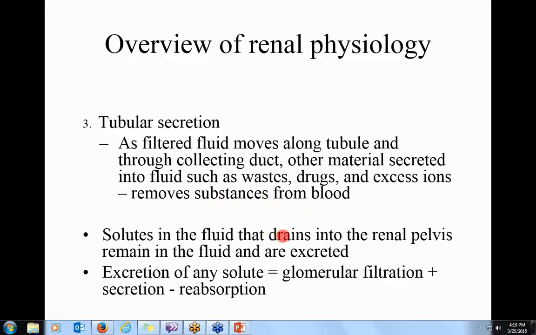Then all the solutes and water that drain into the renal pelvis remain in the fluid until they're excreted. And filtration plus secretion minus reabsorption is the equation for excretion of any solute.